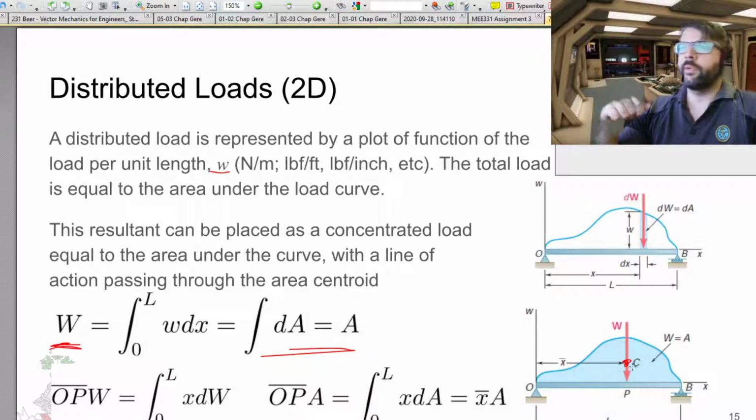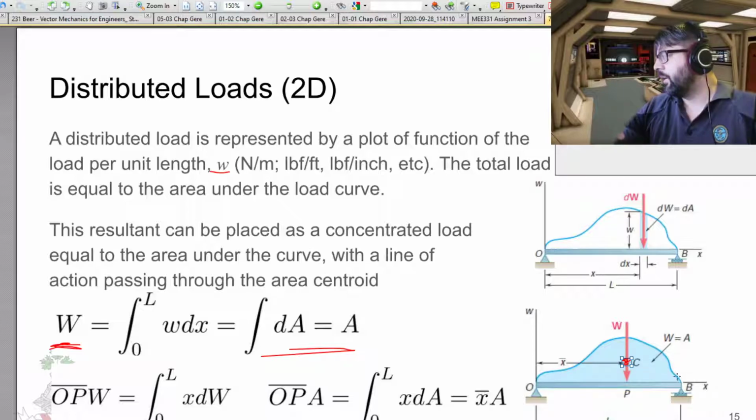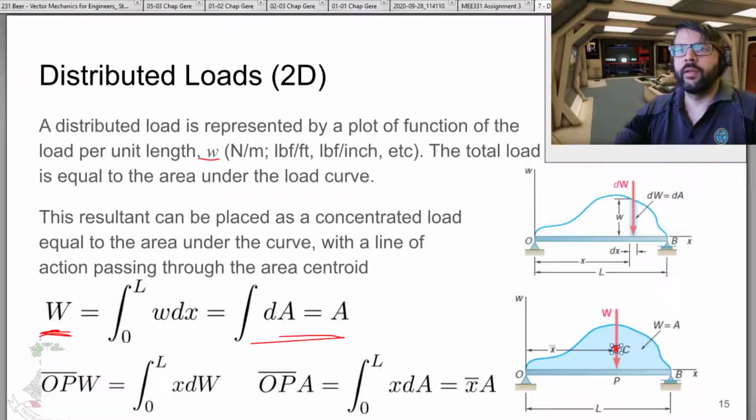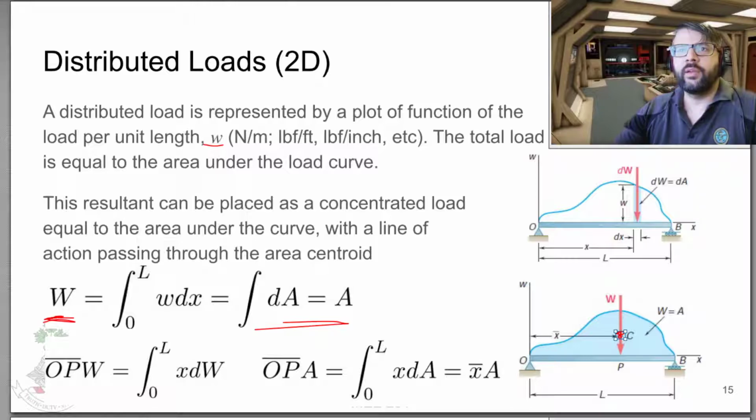So essentially what we're saying there is, as long as it passes through there, when you take the combination of all the tiny little forces that make up this distributed load, the net moment is zero. So you're not going to be getting any net moment there. So you're good to go.